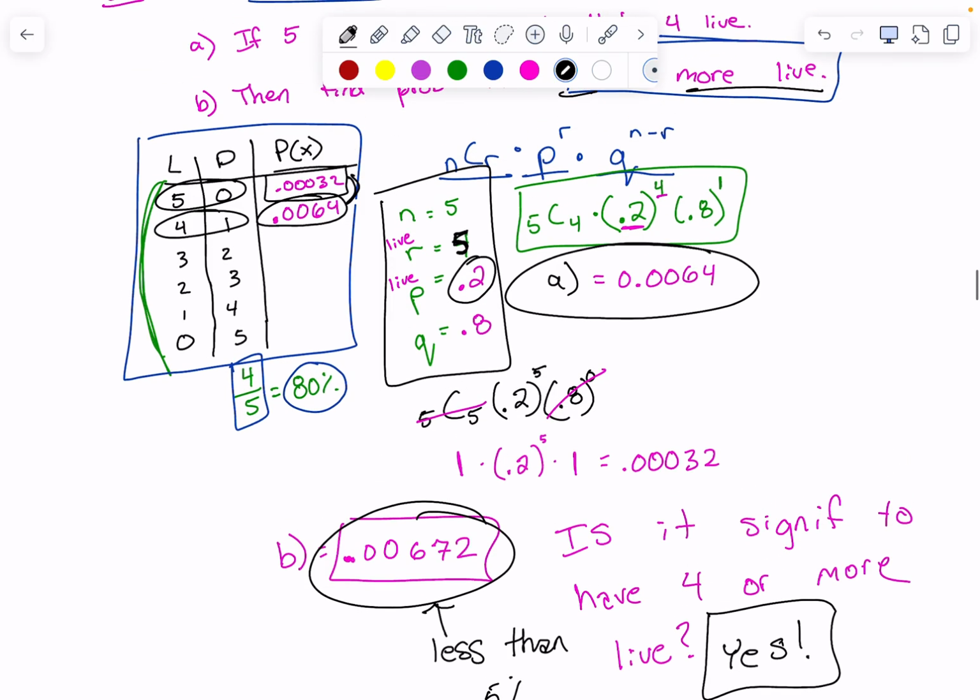Now, we could fill this whole table in, and those would all have to add up to be how much? 1 or 100%, right? And again, which one's going to be the highest? The 1 and 4 split, because that's like my kill rate. These two would probably be about the same amount.